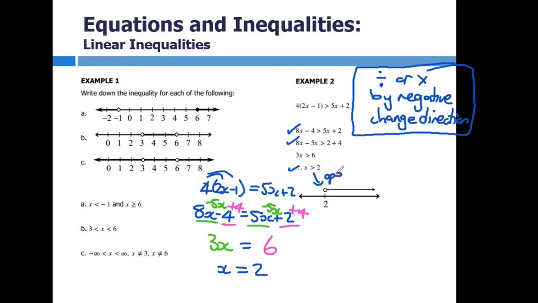Okay, open dot. And then your line will go in the direction where x is allowed to be. So if x was greater than 2, do you see that crocodile mouth wants to eat the x? Sorry, I know this is very condescending, but it's the easiest way to understand. The hungry crocodile wants the bigger meal and it wants to eat the x. The bigger numbers are to the right of the 2. So that is why it went in that direction.